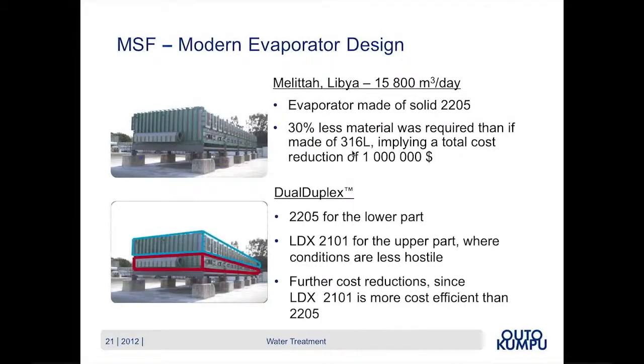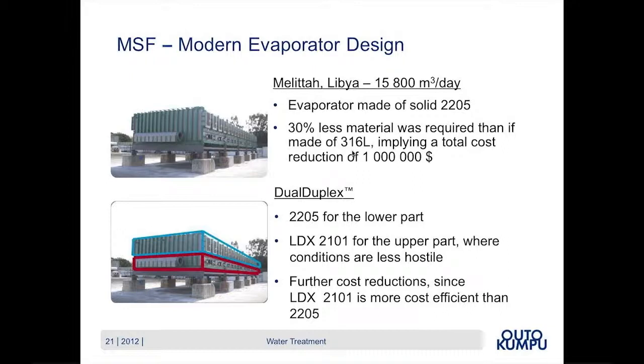And then we see a more advanced solution using a dual duplex installation. Because the lower section of the evaporator sees more aggressive conditions, there we see the high alloy 2205 in use. However, higher up where the conditions are less aggressive, Outokumpu's LDX 2101 is used to good effect, since LDX 2101 is even more cost efficient than 2205.